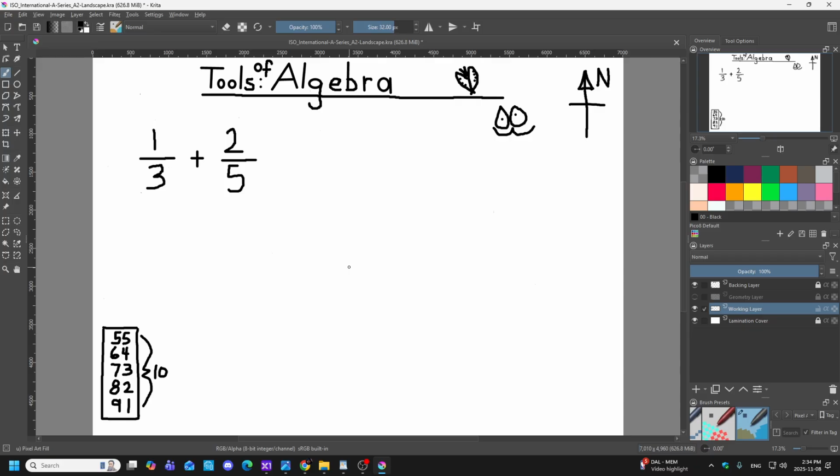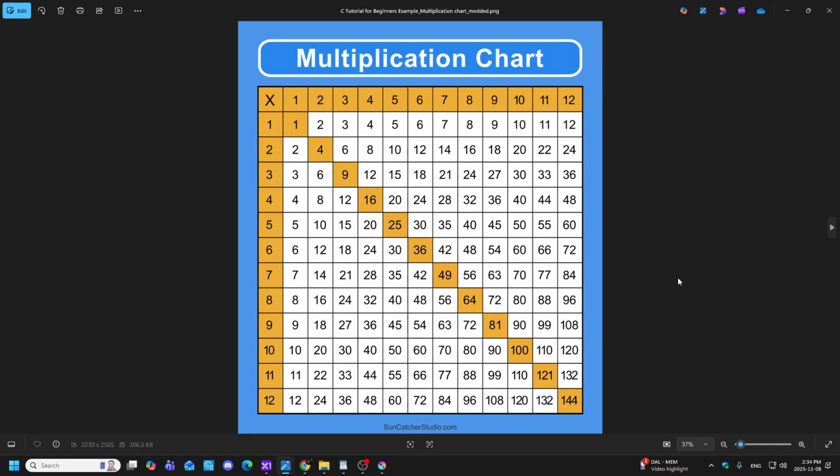This is why I always recommend having your multiplication table memorized. It's going to really help you in finding those common numbers that you need. Because when you're adding or subtracting fractions, you have to find the common denominator.